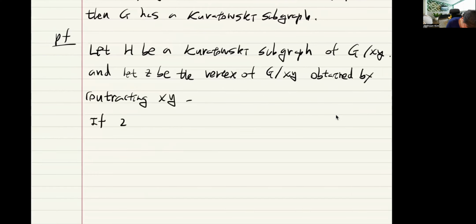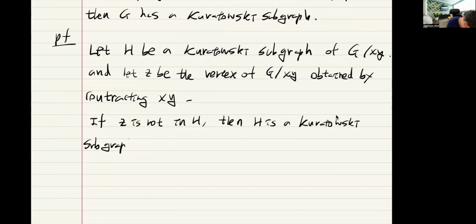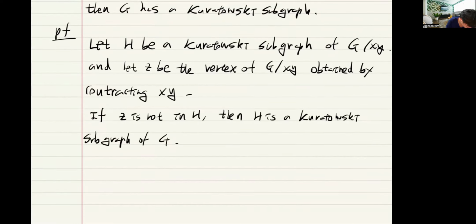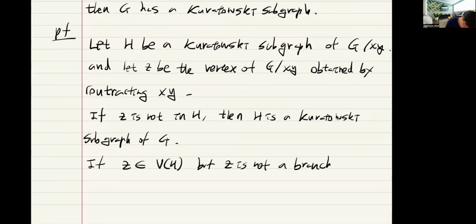So if v is not in H, then what? H is a Kuratowski subgraph of G. So we are done. And what if v is in the vertices of H, but v is not a branch vertex?